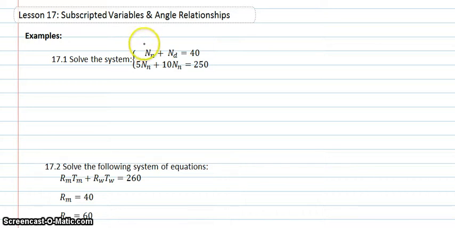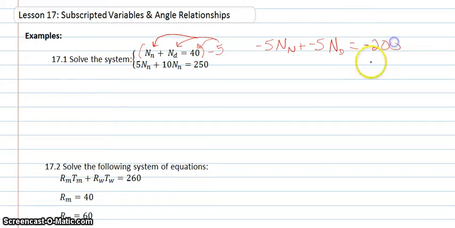What I'm going to do is multiply this top equation by a -5 all the way across to each term on both sides of the equal sign. So I'll have -5 n sub n plus -5 n sub d equals -200.